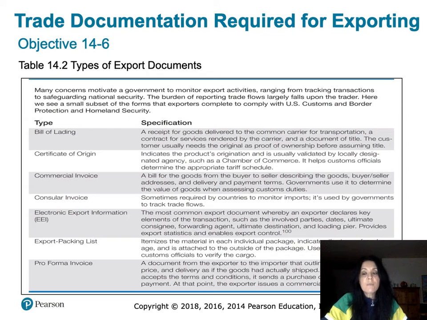Again, this table describes some of the trade documentation required for exporting, which is sometimes seen as a major barrier to exporting because there are a lot of technical details, a lot of red tape, and a lot of trade documentation required for engaging in export business, such as bill of lading, certificate of origin, commercial invoices, consular invoices, export packaging lists, and pro forma invoices.